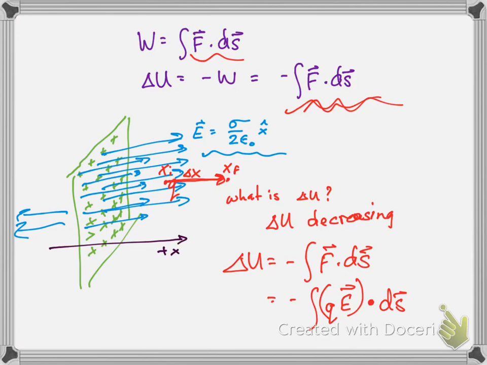We're moving in the plus x direction, ds is dx, so let's rewrite this on the next page. Delta U is minus the integral of QE dot dx. If this was a point charge, we'd be moving in the radial direction, so s would just be r. You just have to determine which direction you're moving in.